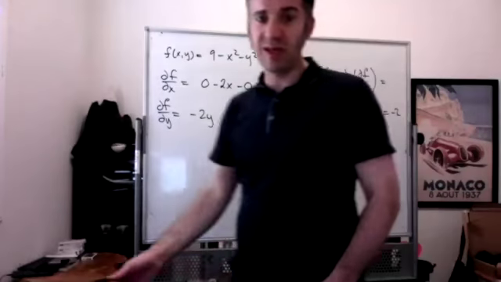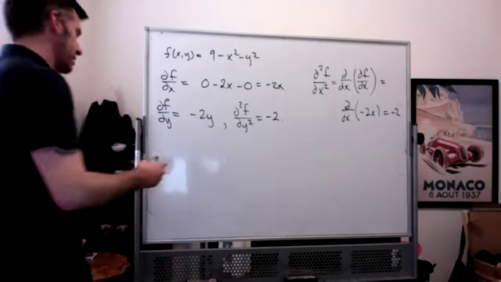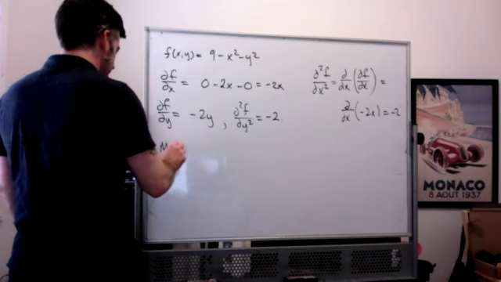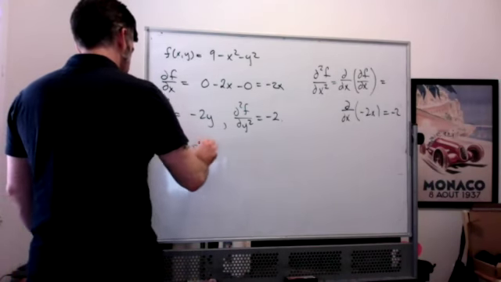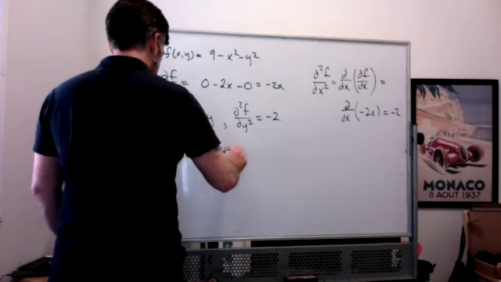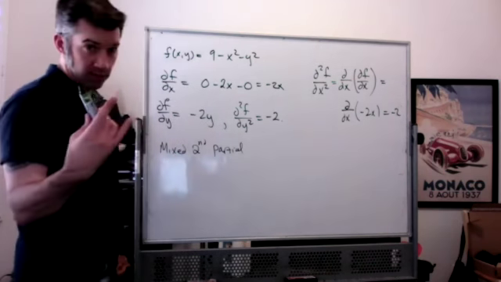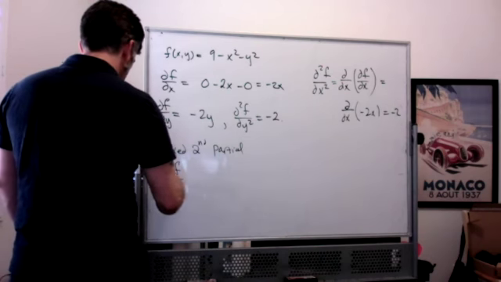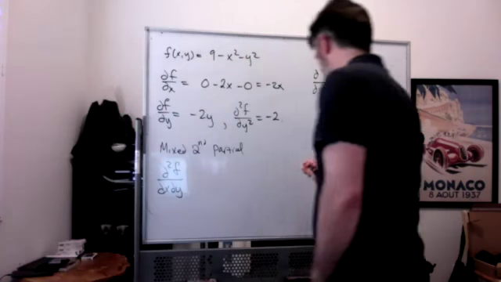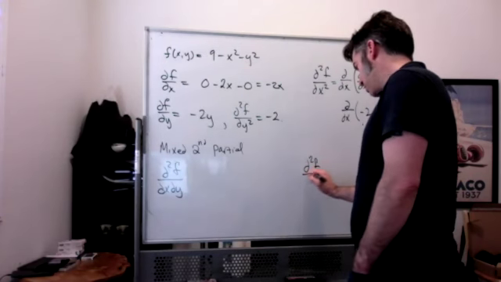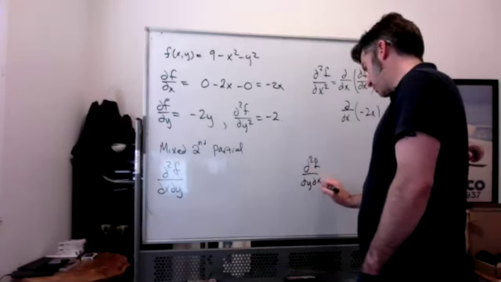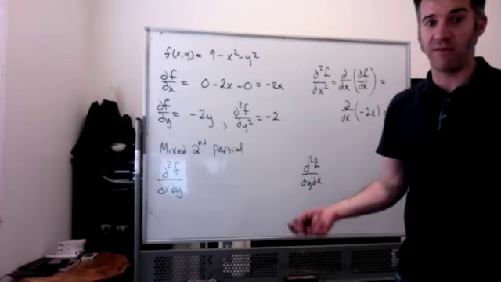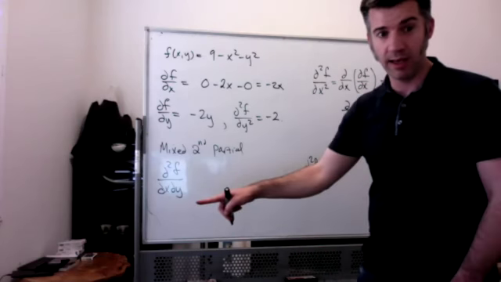And then there's also the mixed partial, or I should say the mixed second partial. There's two of them: del squared f del x del y, and del squared f del y del x. So del squared f del x del y means first you do the partial with respect to y, then with x.